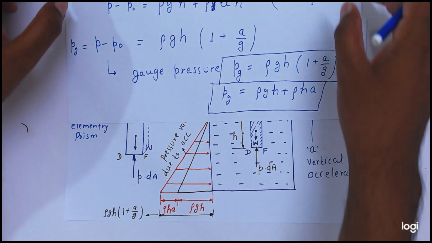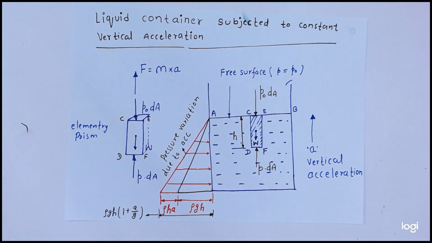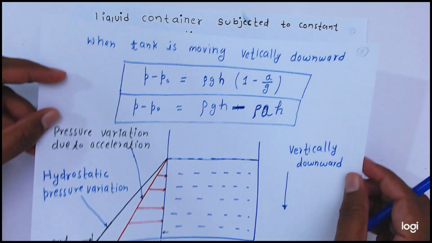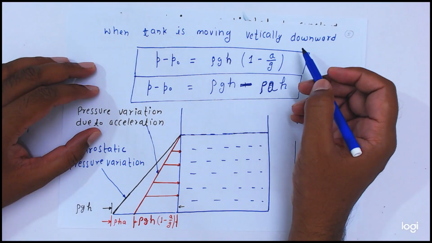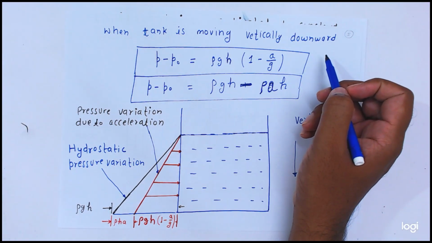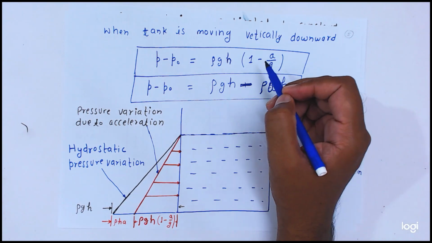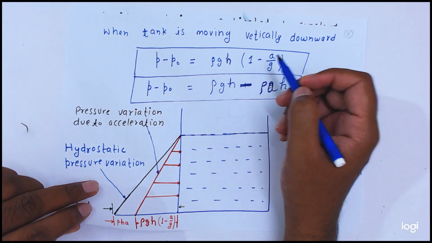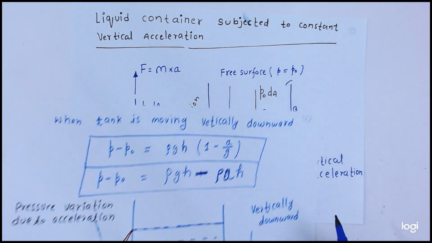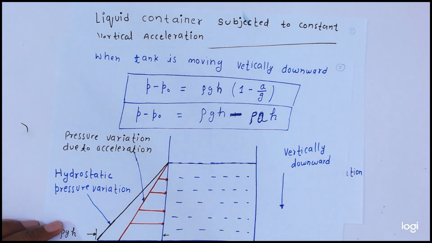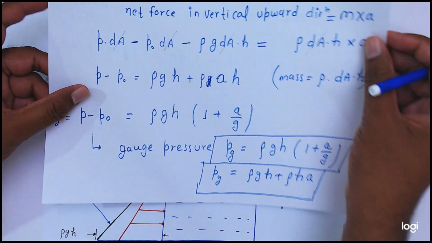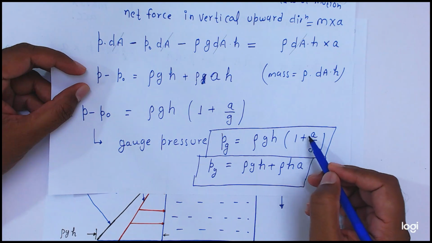Now if it is moving in the downward direction, then what happens? When the tank is moving vertically downward with constant acceleration a, this term will be minus. Earlier it was plus, 1 plus a by g.